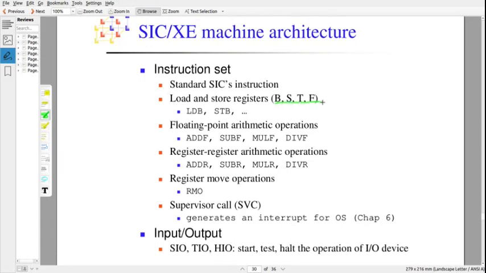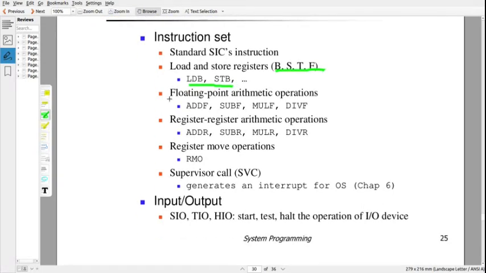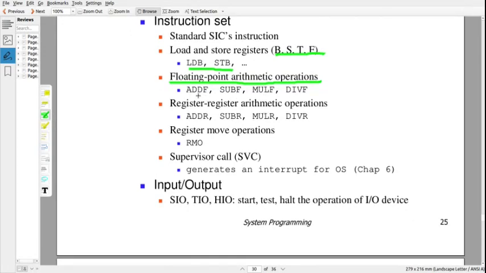Because there are 4 additional registers, a few additional instructions will support those registers, like load B register, store B register, load X register, store X register, etc. Then since it supports floating point arithmetic operations, there are a few instructions which support floating point operations, like add floating point number, subtract floating point number, multiply floating point number, etc.